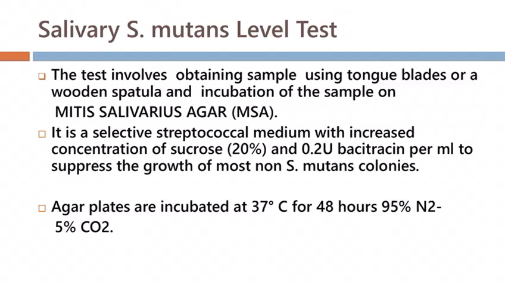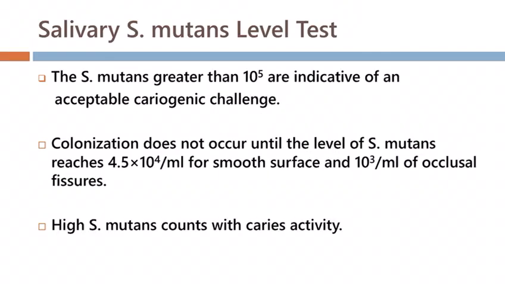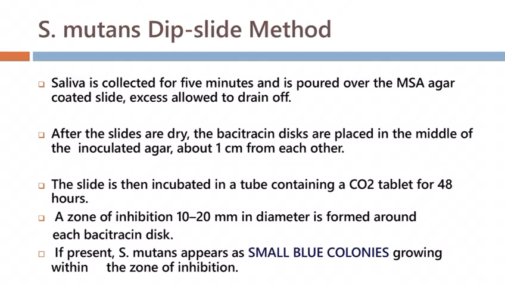Agar plates are incubated at 37 degrees Celsius for 48 hours with 95% nitrogen and 5% carbon dioxide. Streptococcus mutans counts greater than 10 to the power 5 are an indicator of an acceptable cariogenic challenge. Colonization does not occur until the level of Streptococcus mutans reaches 4.5 times 10 to the power 4 per ml for smooth surfaces and 10 to the power 3 per ml for occlusal fissures in a clinical setting. High Streptococcus mutans counts correlate with caries activity.